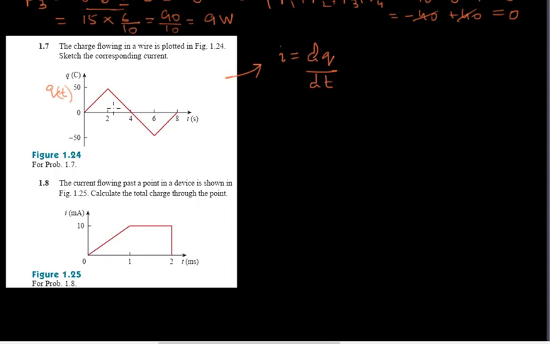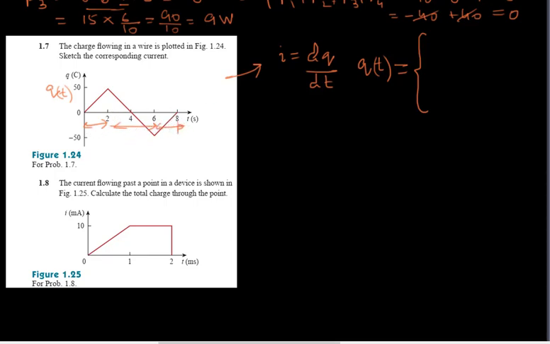So the first thing you need to do is define q of t, the function. And you can see that it needs to be defined for three different time spans. So this is a piecewise function.